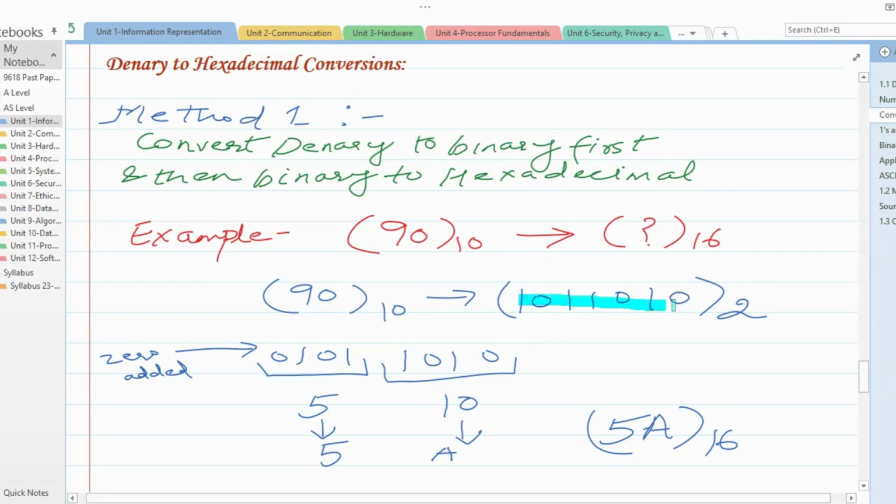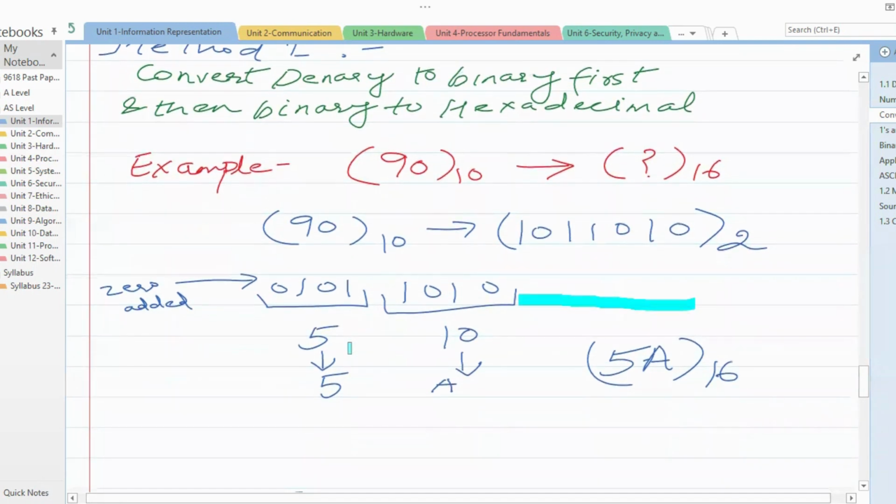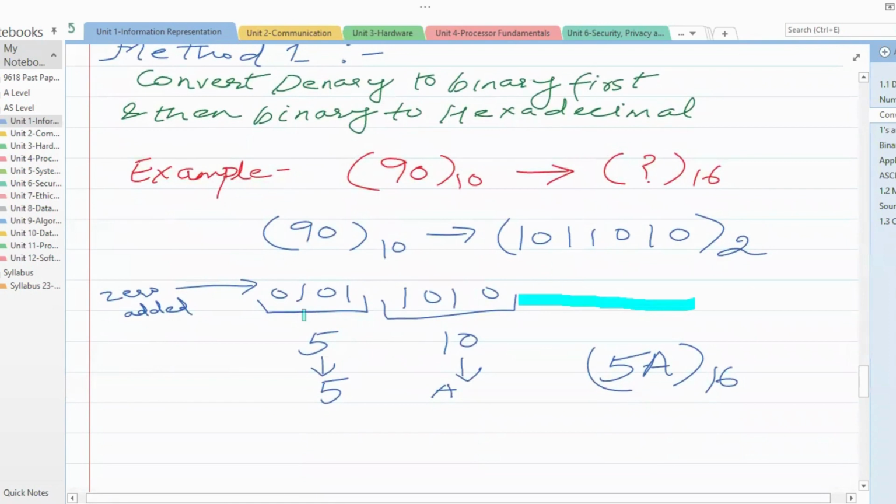Now, to convert this binary to hexadecimal, we'll follow the method of converting binary to hexadecimal, where we make groups of 4 bits, and then for each group of 4 bits we write the individual hexadecimal value.